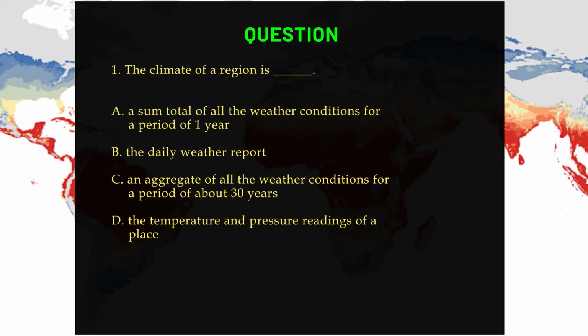C. An aggregate of all the weather conditions for a period of about 30 years. Or D. The temperature and pressure readings of a place. The correct answer is C. An aggregate of all the weather conditions for a period of about 30 years.